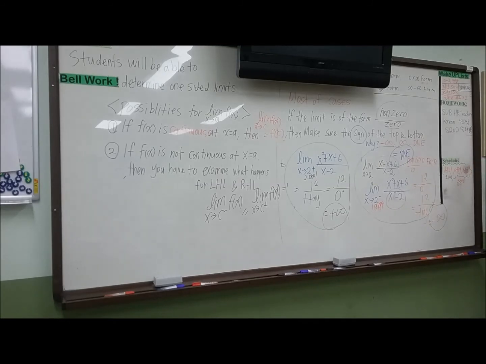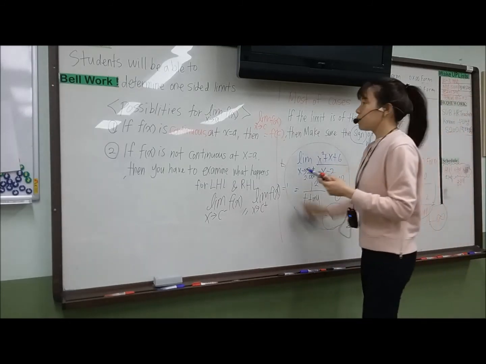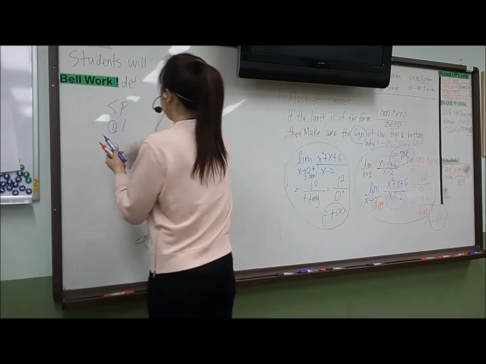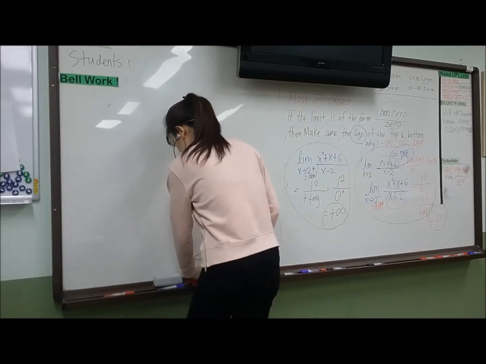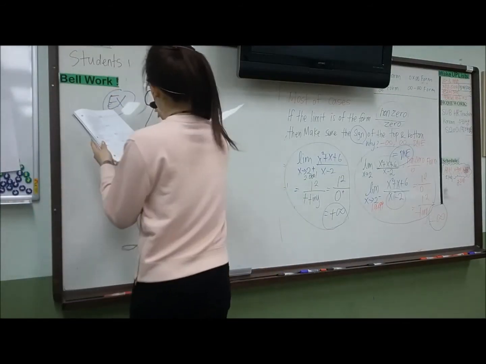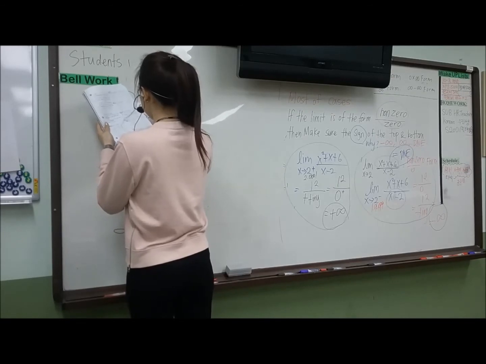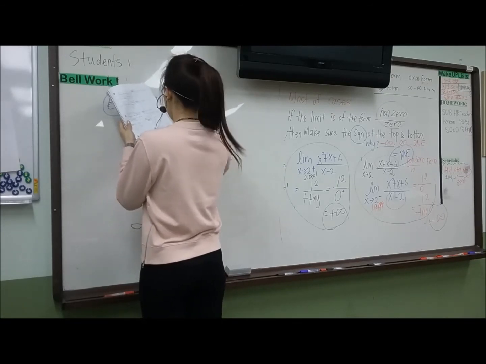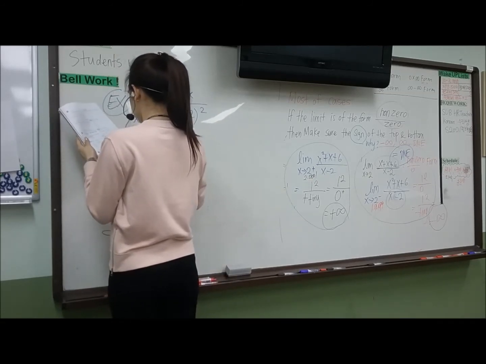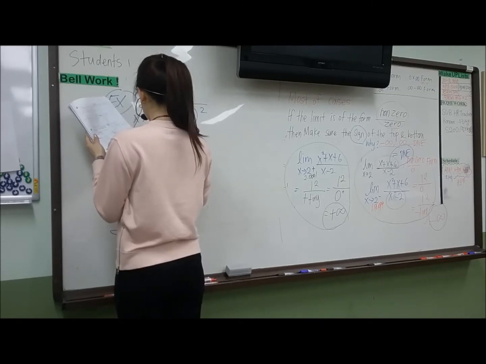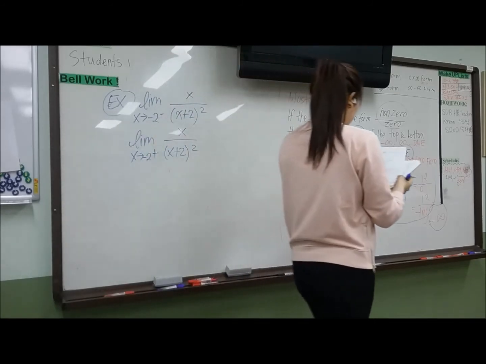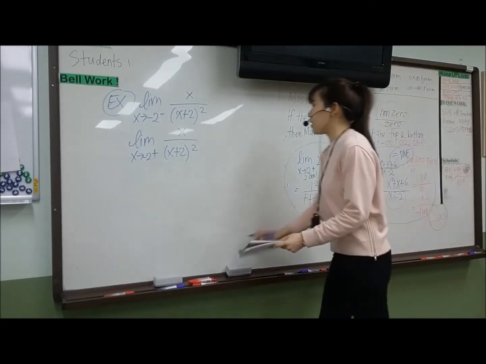Okay? So let me give you more examples, so your group members have to figure them out. The limit as x approaches negative 2 from the left hand side of x over x plus 2 squared. The limit as x approaches negative 2 from the right of x over x plus 2 squared. I want you to try right now before you have lunch.